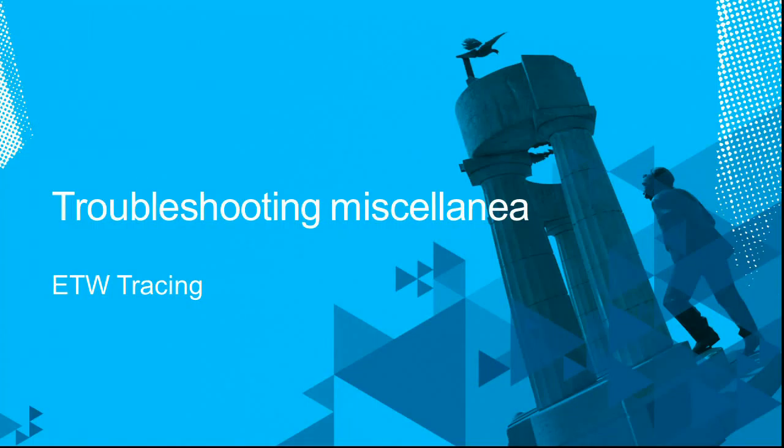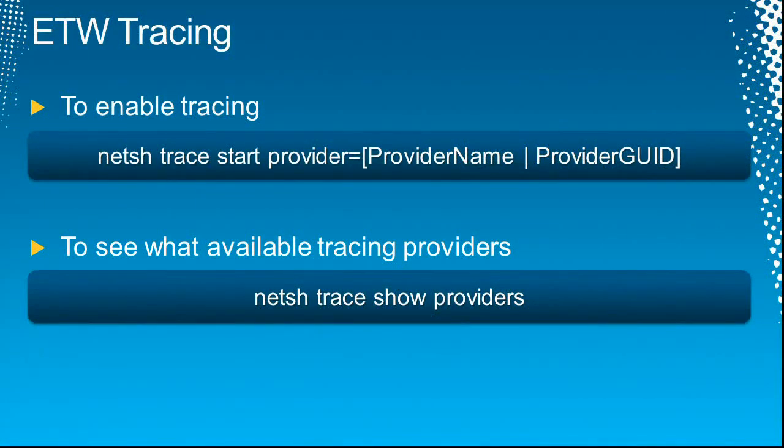So let's talk about ETW tracing, and we can see one example that will touch on the point that I have just mentioned. The way you can enable tracing on Win2K8 and Win2K8R2 is by running the NetSH tool. You can do that as well by running tracelog.exe or maybe other tools, or by setting specific settings in the registry.